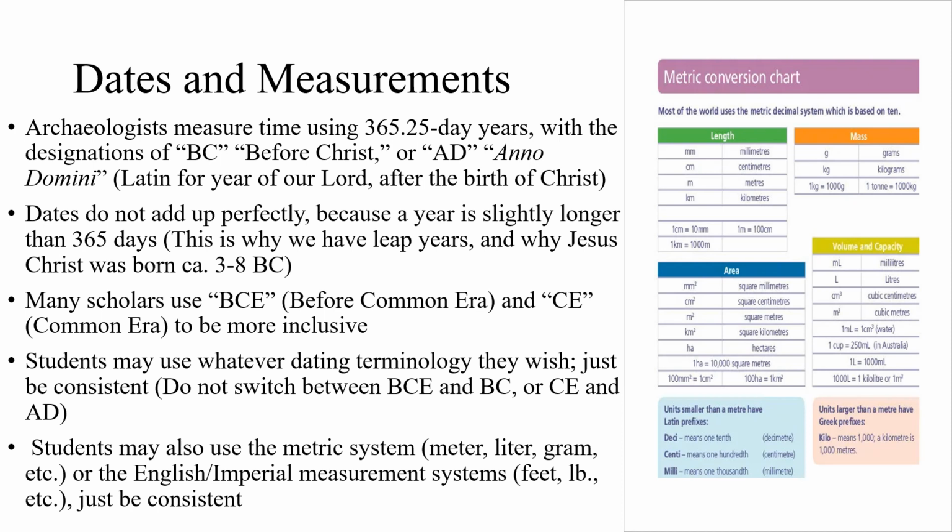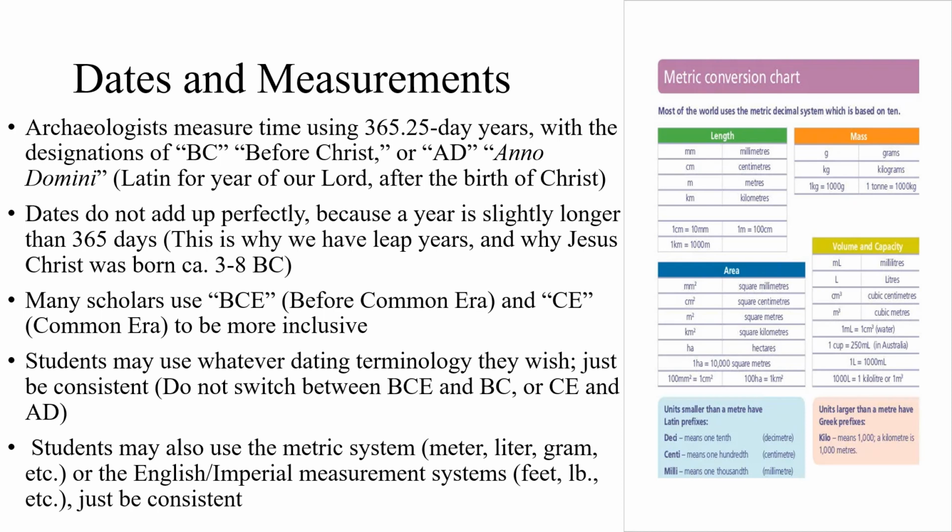And the Christian monks who were setting up the Christian calendar, they made some miscalculations about exactly when Christ was born and about how long the year was. And that's why sometimes Jesus Christ's birth is dated not at AD 1, but at somewhere between the years 3 and 8 BC.